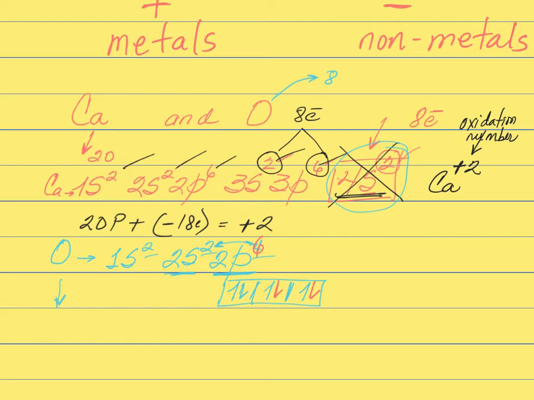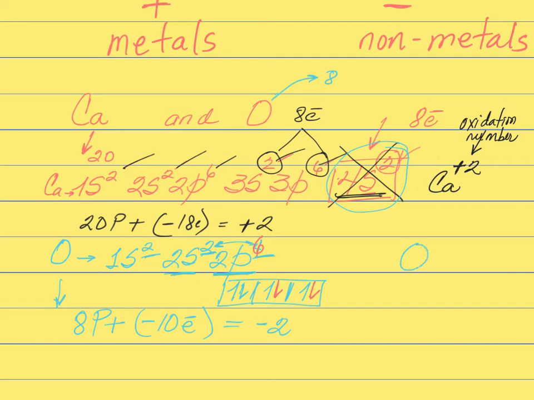So you have 8 protons, and 10 electrons after gaining the 2 electrons in the p orbital to reach chemical stability. If you do the math, positive 8 plus negative 10 gives negative 2.